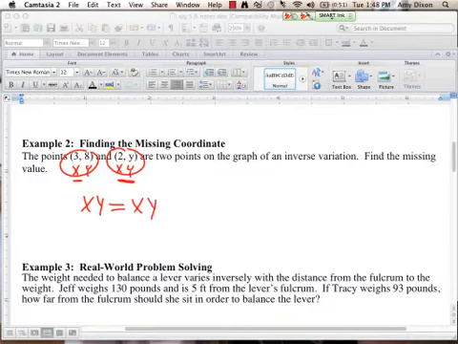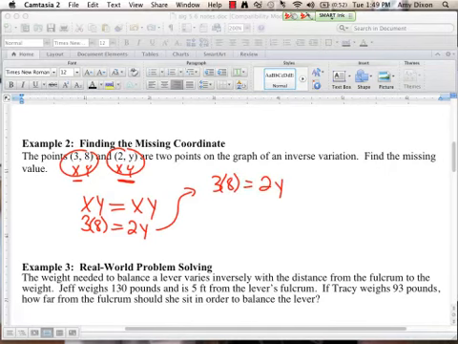So then we're going to plug these values in. We get 3 times 8 equals, and then here we have x is 2, but we don't know what y is, so we're going to leave y as y. These should be equivalent statements. 3 times 8 should give you 2y, because if they're the same equation, they should have the same k. And to find k, you multiply your x and your y. So 3 times 8 gives us 24.